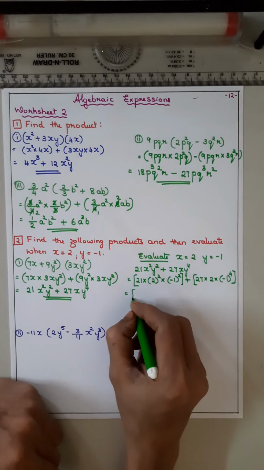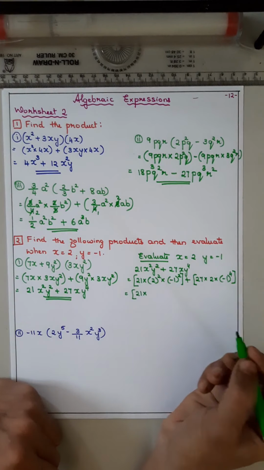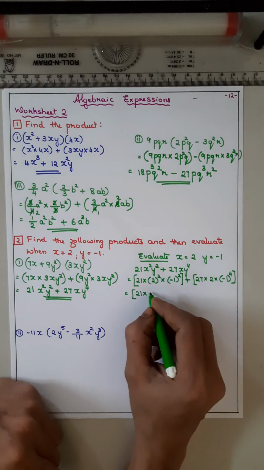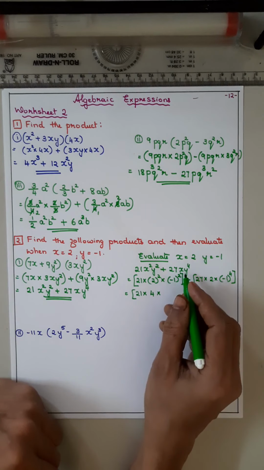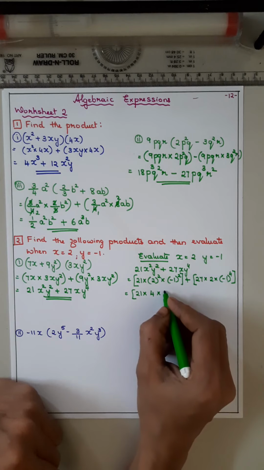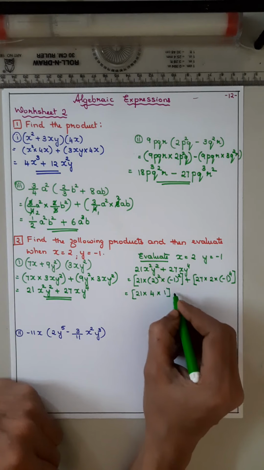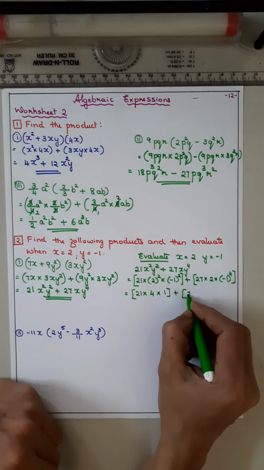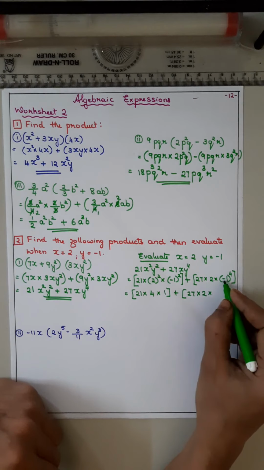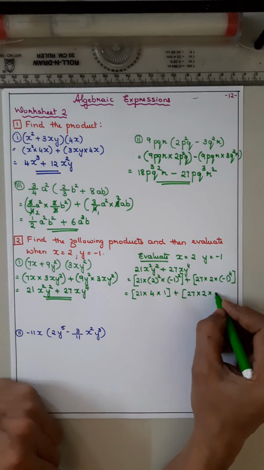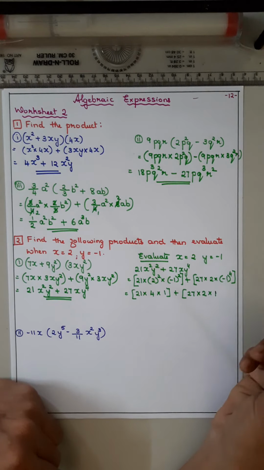It is 21 into 2 squared. 2 2s are 4 and negative with the even power, then it is a positive 1, plus 27 into 2. Now negative with the even power becomes positive, 1 to the power 4 is 1.